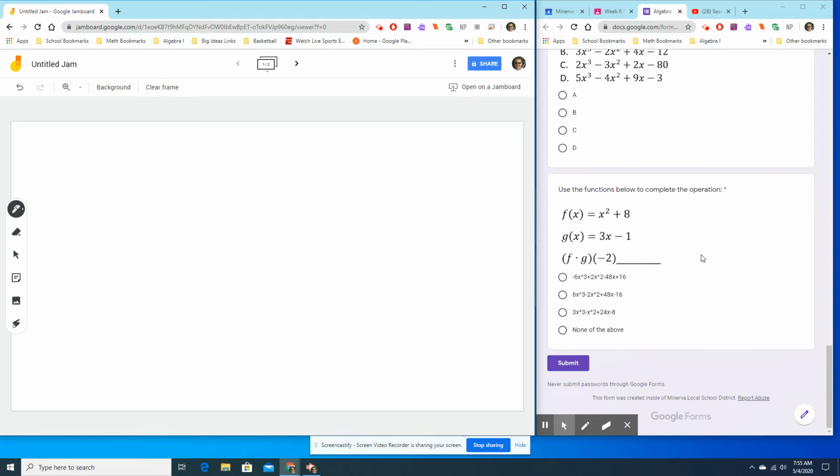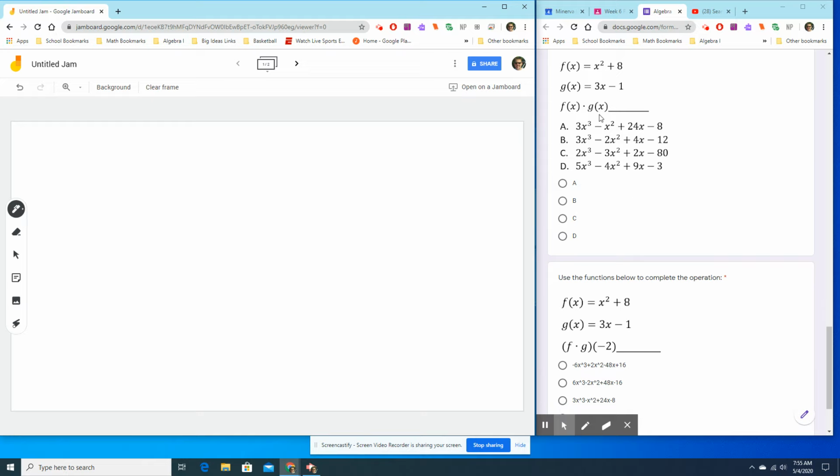And these last two, you can really kind of do them together. Because this says multiply them together and get an answer. And this says multiply them together and then multiply that answer by negative 2. So you kind of kill 2 birds with 1 stone right here. All right. I'm going to go ahead and multiply vertically. It's already lined up. So negative 1 times 8 is negative 8.